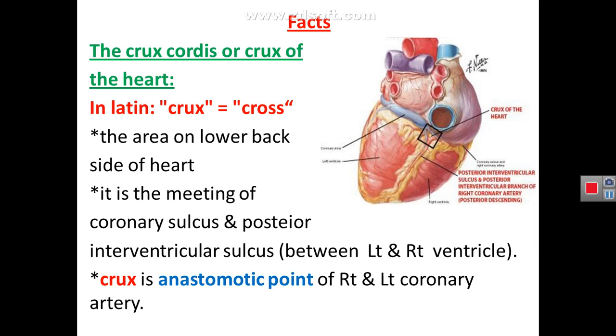So there is a region which is pointed there called the crux of the heart. This region represents the point of intersection between the posterior interventricular sulcus and the coronary sulcus.